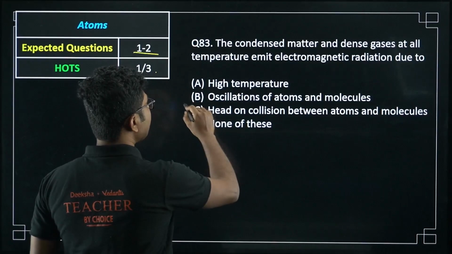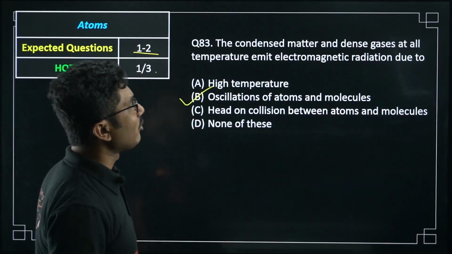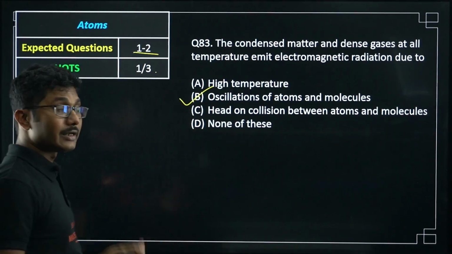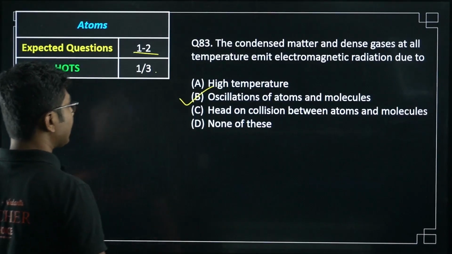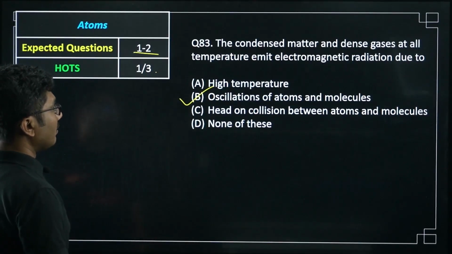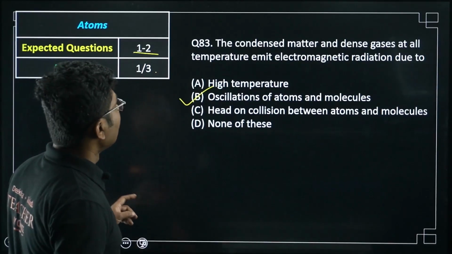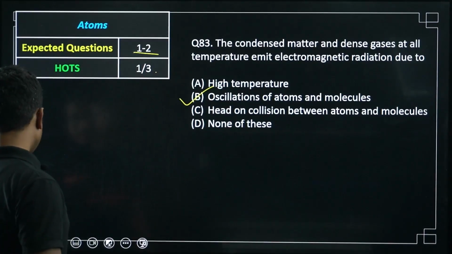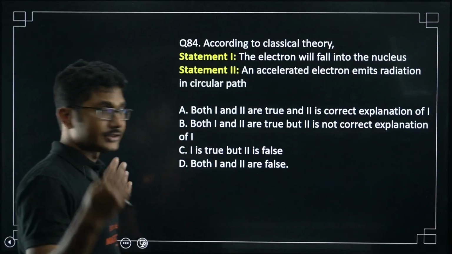So it is oscillation of atoms and molecules. Oscillation means radiation of energy. Collision does not give rise to electromagnetic radiation. Oscillation means acceleration, right?